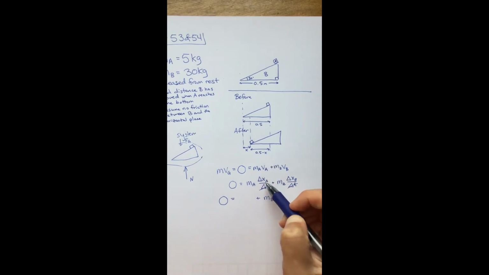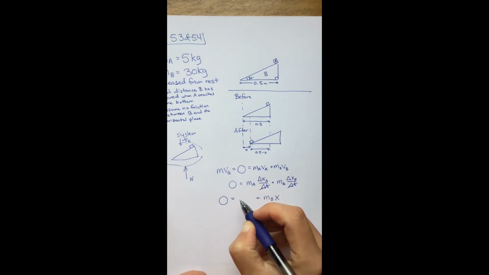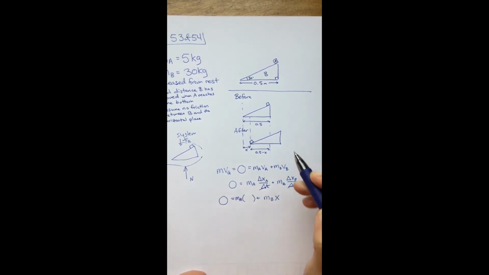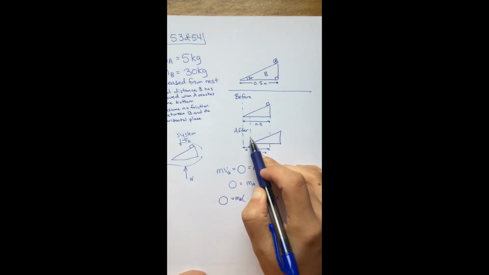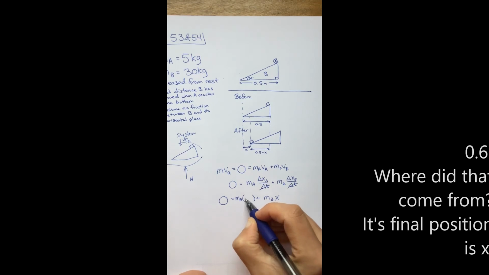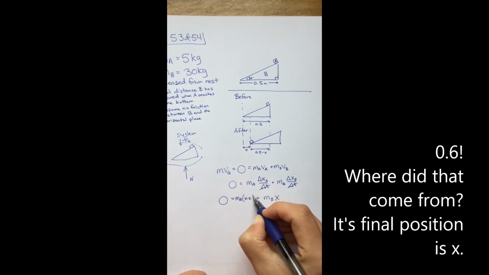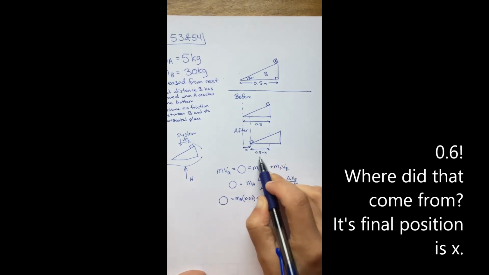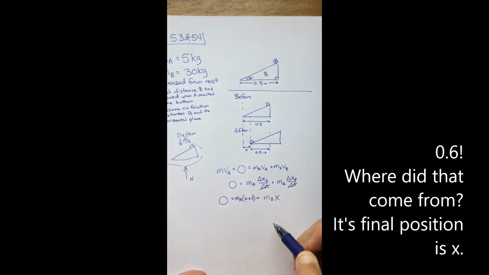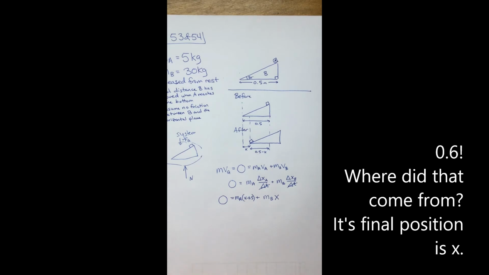Or you can say this, if you want delta XA, well, first let's say we have mass A times its initial position, if you're measuring from this point here, is 0.5. Its final position is x, so delta x would be x minus 0.5, which is the same thing that you would get if you used this distance and made it negative, since A went in the negative direction.